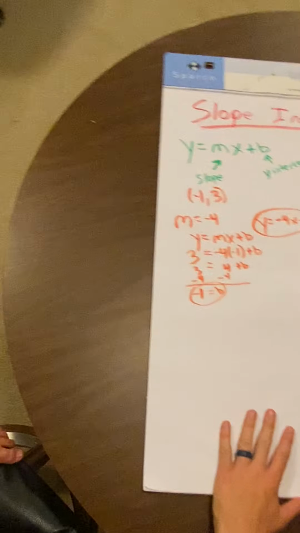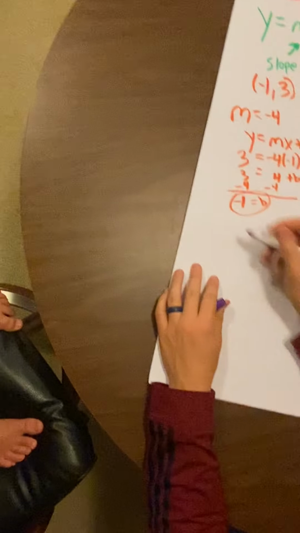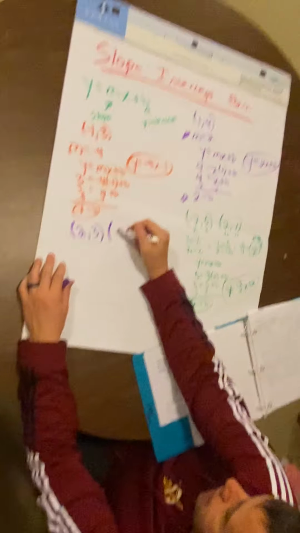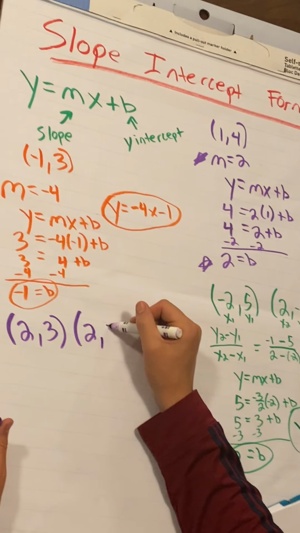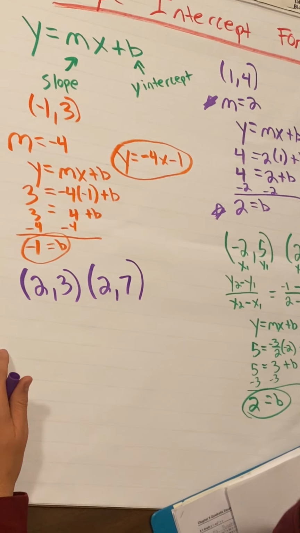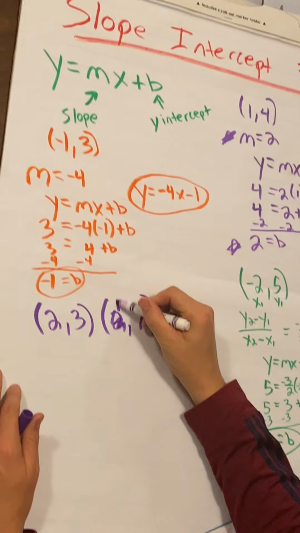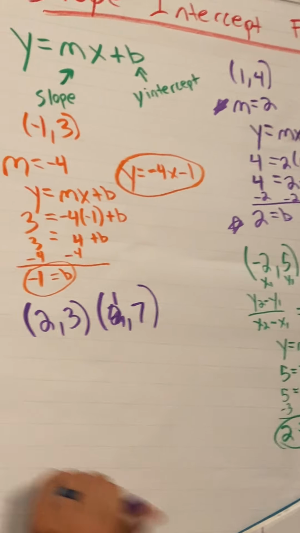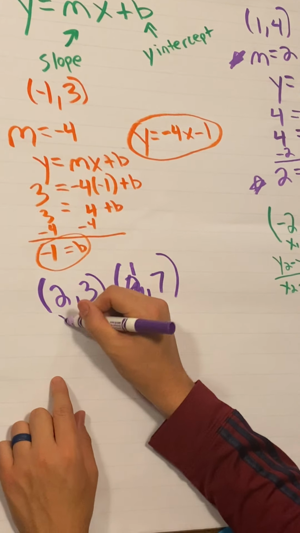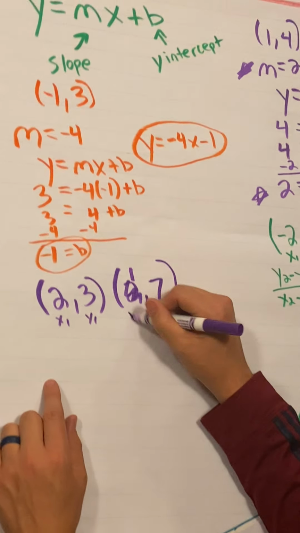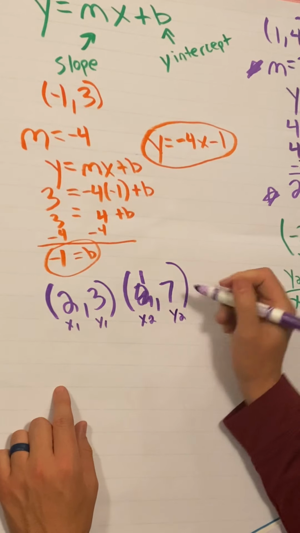Let's try one more. Let's say you're given 2 points. We'll say our points are (2, 3) and (2, 7). Instead of 2, let's say this is 1. So (2, 3) and (1, 7). When I do that, same thing, we label them x1, y1, x2, y2.